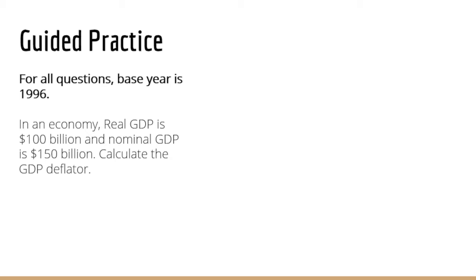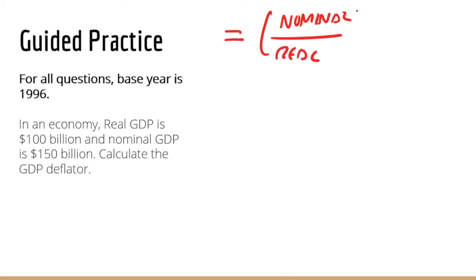All right, so let's go over this. Yet again, our equation is nominal GDP over real GDP times 100 gets us to our GDP deflator. Well, here we know our nominal GDP is $150 billion, so that is going to go on top.